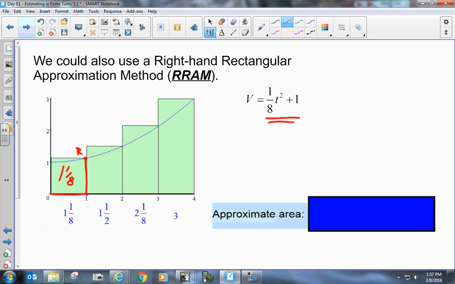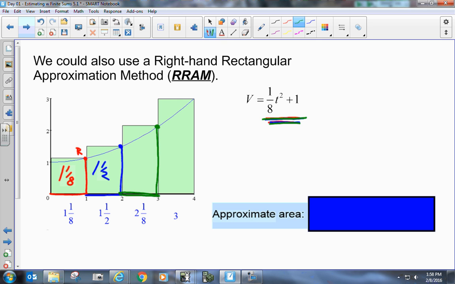So for this next rectangle, I want to use the right side, correct? That's right at 2. What's the value of this equation when t was 2? 1 1/2. Okay? What about this rectangle? That is the right side where t is 3. So what is that when t is 3? 2 1/8.